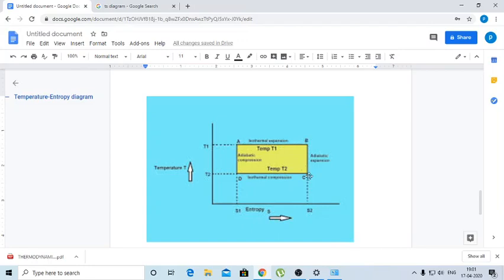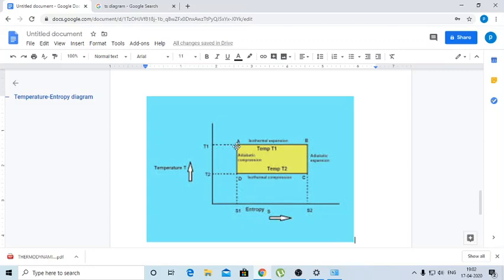This is the process which is performed in one direction. Then C to D is the isothermal compression. The system undergoes the process in the opposite direction, and D to A is adiabatic compression. Then when the system reaches the point A, it will have its initial state. So we start from this point A, the initial state.